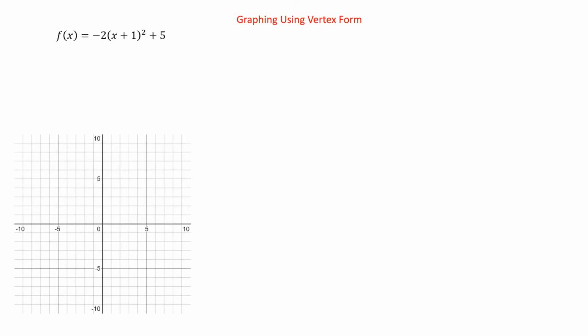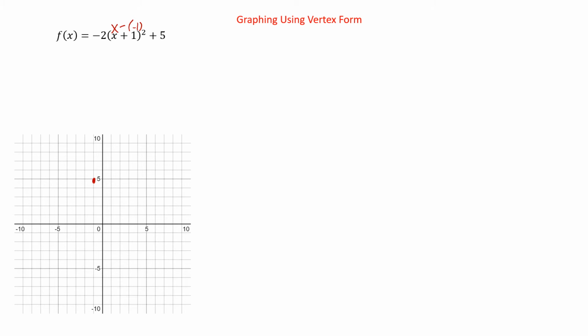Well, we're going to start by graphing the vertex. So the vertex here, remember this is x minus -1, so we have the point -1, 5.